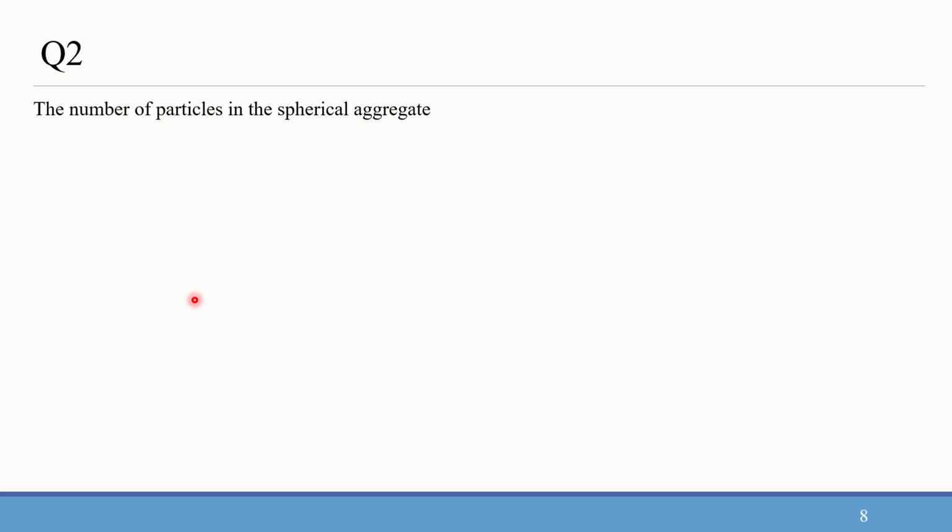We know the diameter of the aggregate and also the diameter of the individual particles.